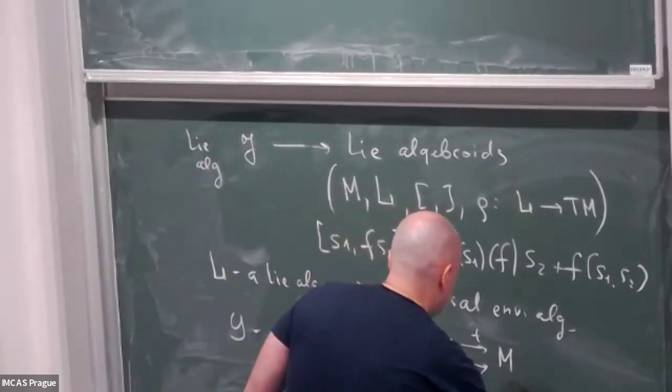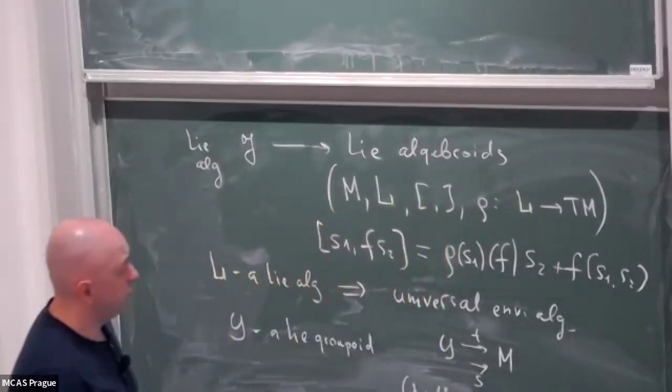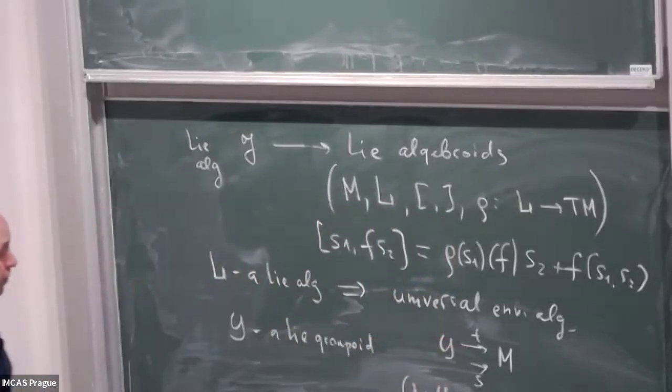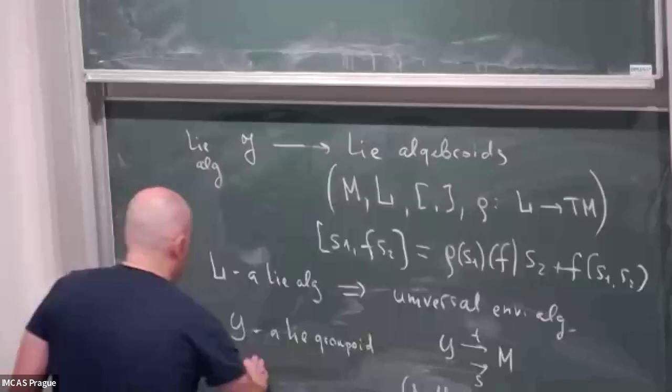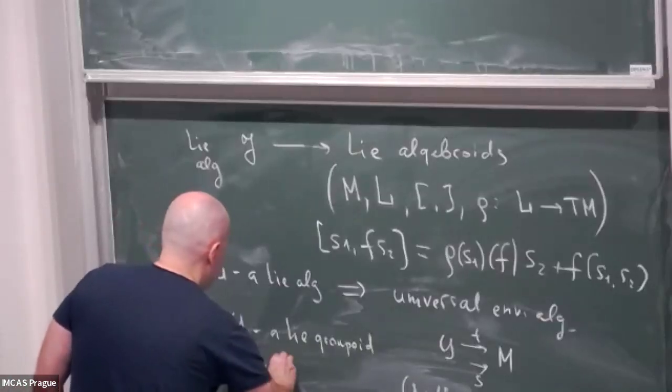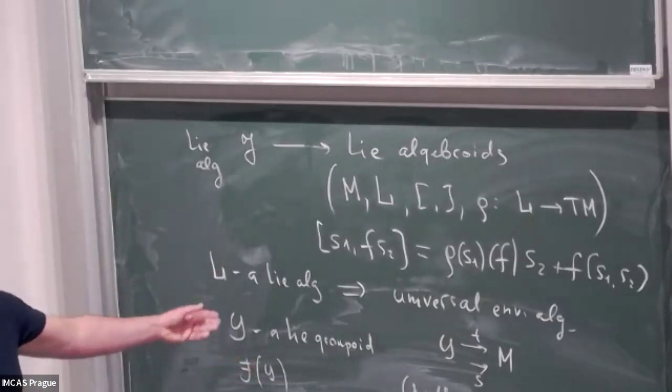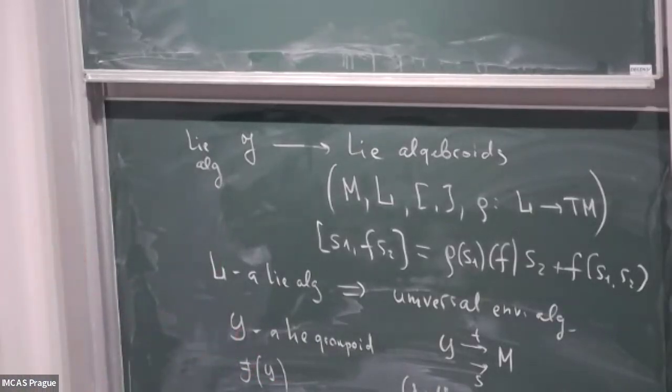There is also the inverse, which inverts the elements and exchanges T and S and so on. If we look at functions on this groupoid, we obtain another generalization of a Hopf algebra. It will be a Hopf algebra, but it will be another generalization.